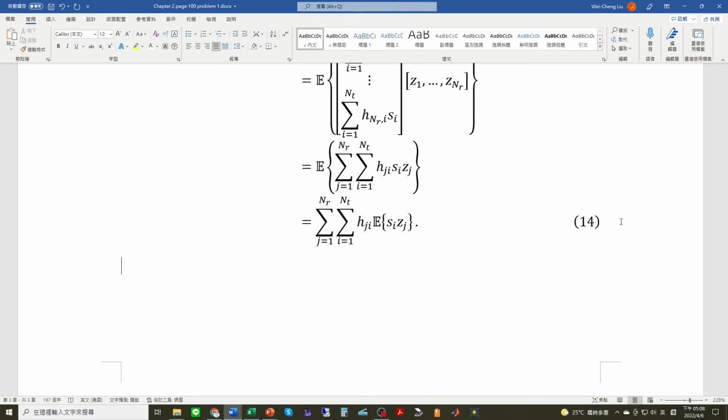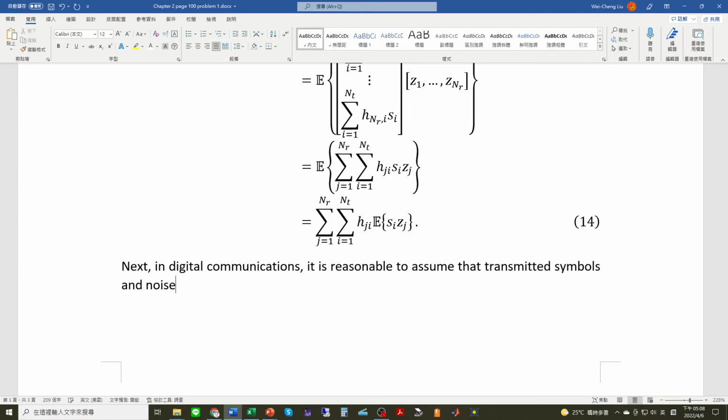So next, in digital communications, it is reasonable to assume that transmitted symbols and noise terms are independent.